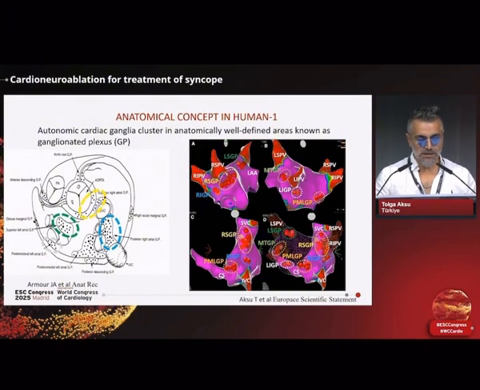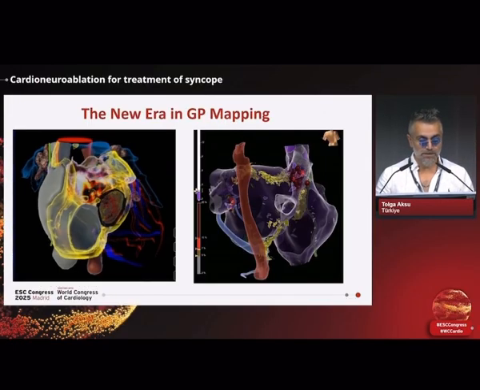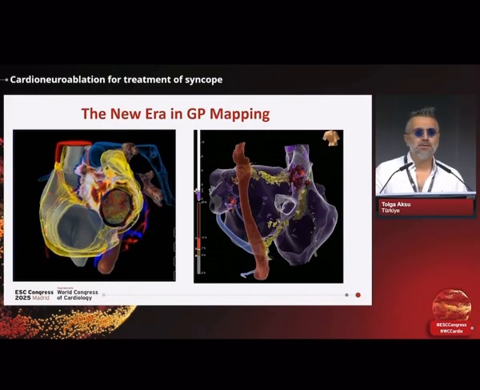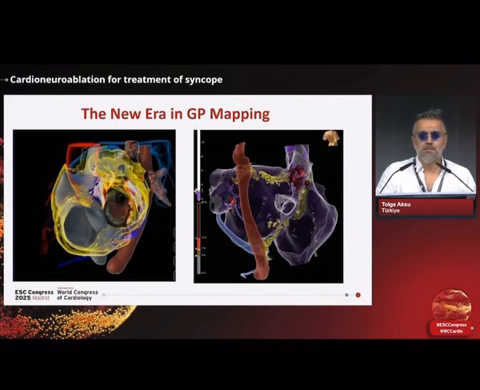I will not explain in detail, but during electrophysiological study, by checking electrograms and using the 3D mapping system, we can detect the localization of these GPs. And if we can ablate these epicardial autonomic ganglia, we can eliminate the parasympathetic effect on the sinus node and AV conduction system. And here you see the new era in GP mapping strategy.